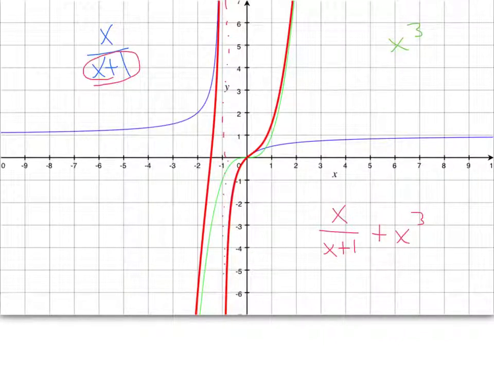We still have a lot of the behavior of the x cubed because that's going to get biggest farther away from the origin, right? When we add things up, or when we subtract things, it's the things that are biggest that are going to dominate.